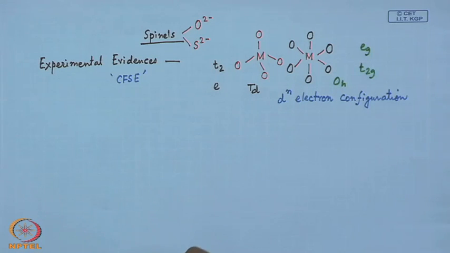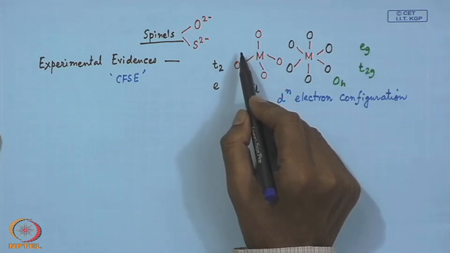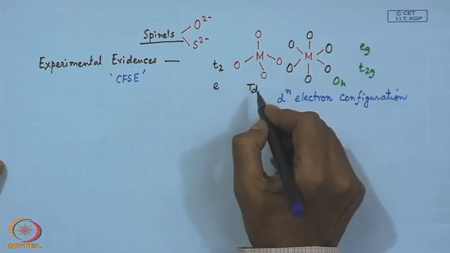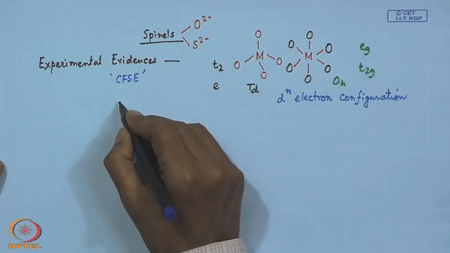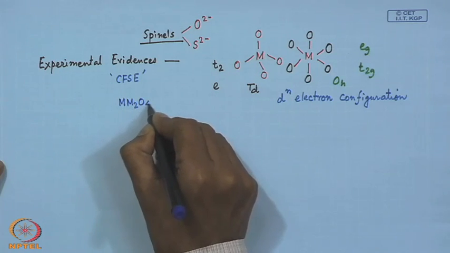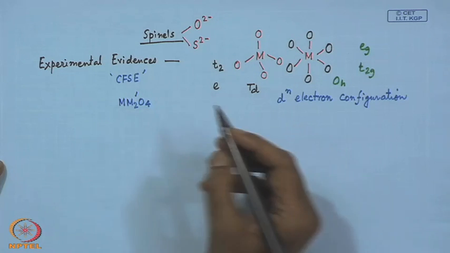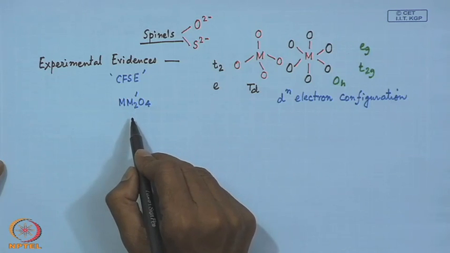So, when we calculate the corresponding stabilization energy, we find that there is a preferential site occupancy for some of these metal ions in different electronic configurations for a typical spinel structure, where we have an MM'2O4 type of formula, where M is the bivalent metal ion and M prime is the trivalent metal ion.